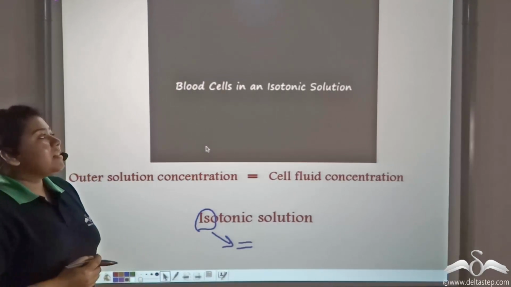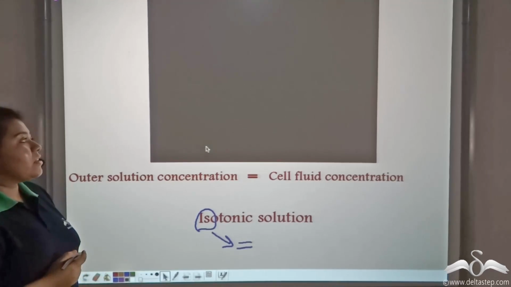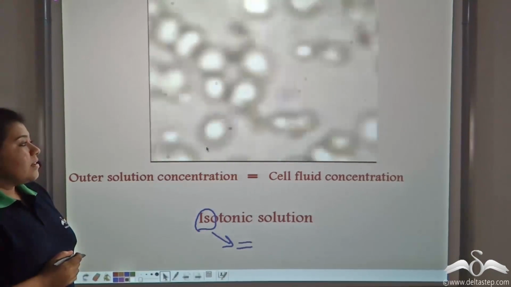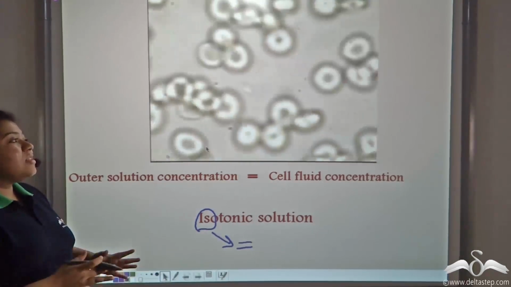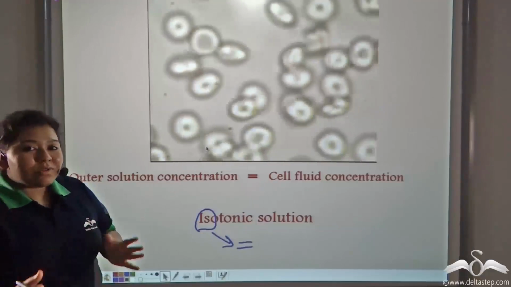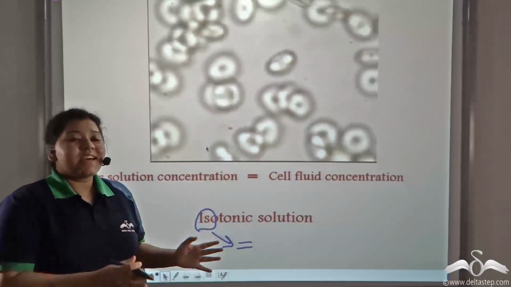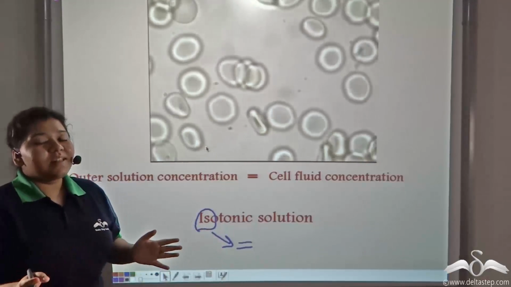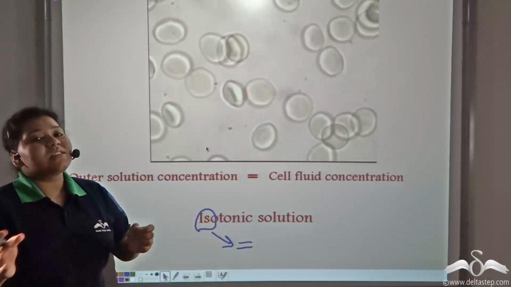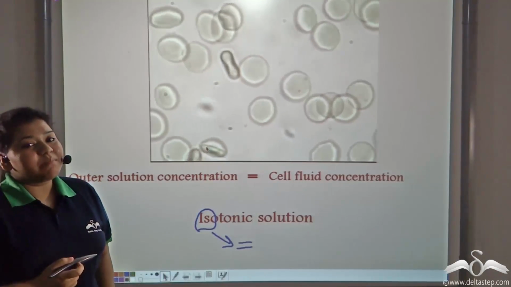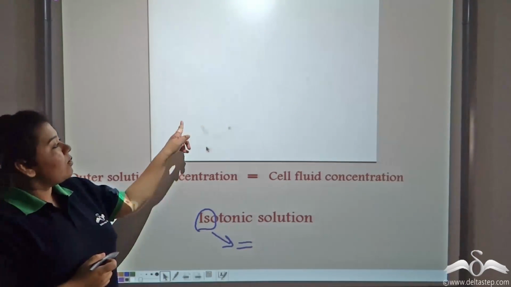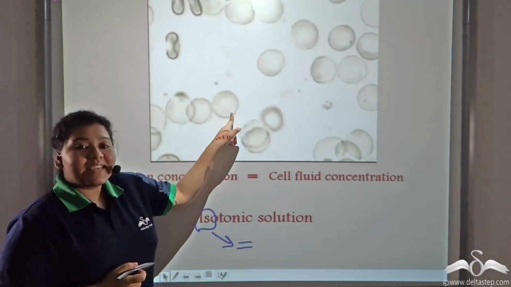Let us take some blood cells in an isotonic solution. Since the concentration of solution outside the cell and inside the cell are equal, there is no water transport across the membranes. And that is how the cells remain intact.